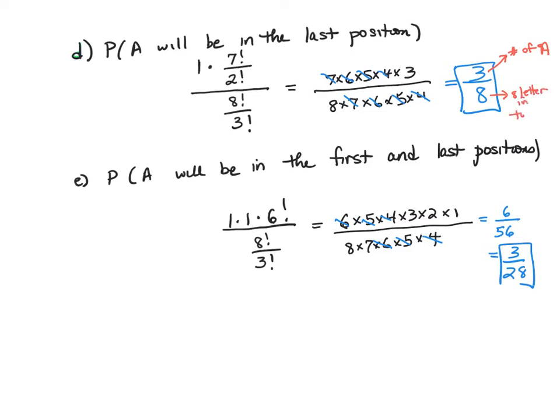So this problem could have been done without permutations, even though I consider it more thorough. And let's look at the 3/28. Could we have gotten that in a different way? Well, if we think of it like drawing 2 cards out of a deck without replacement, the probability that the A is in the first place would be 3 out of 8.